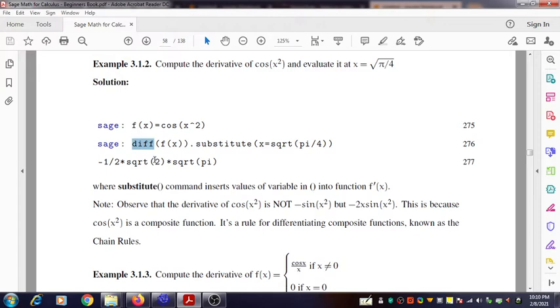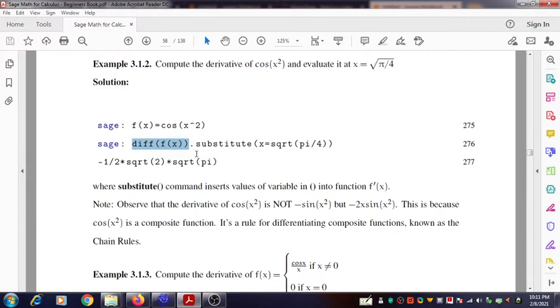It will give you the derivative of the function that is used inside the bracket as an input. So DIF of f x will give you the derivative of the function f x. The function is already defined, f of x equal to cos x square, so when we apply this part, it is now clear that we are going to get the derivative of cos x square.